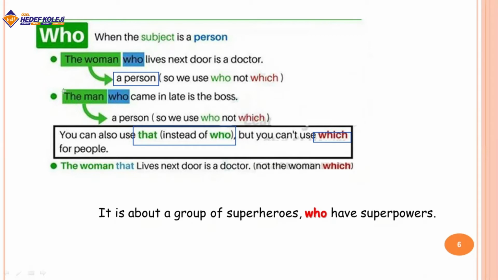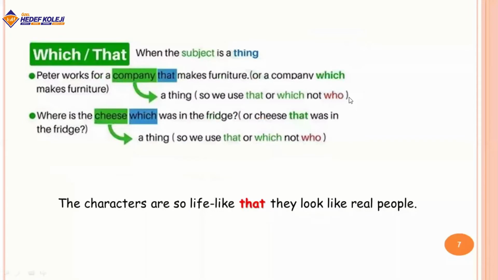The man is a person, so: the man who came in late is the boss.